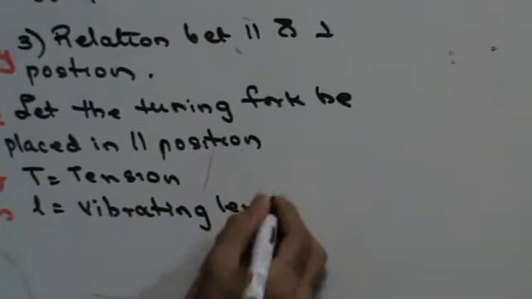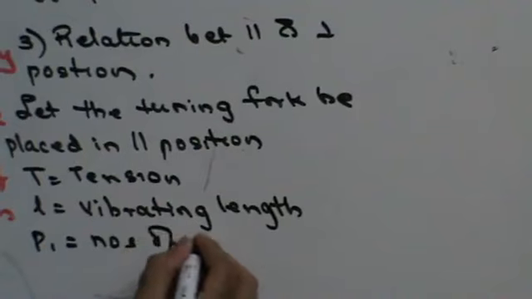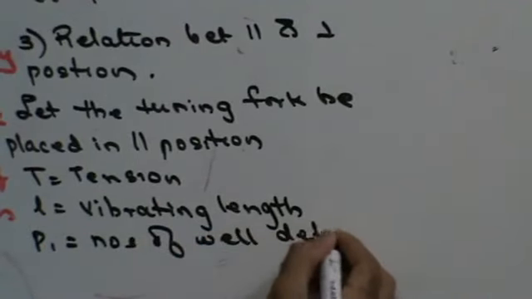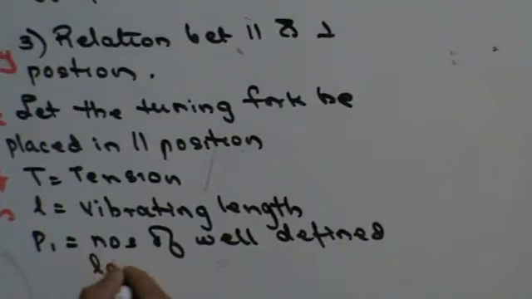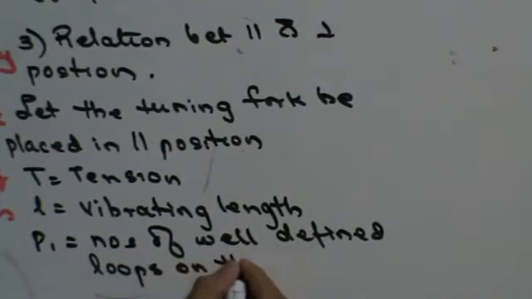Now if the tuning fork is placed in parallel position, let us assume that T is the tension on the string, L is the vibrating length, and the vibrating length is so adjusted that I get p1 number of well-defined loops on the string.